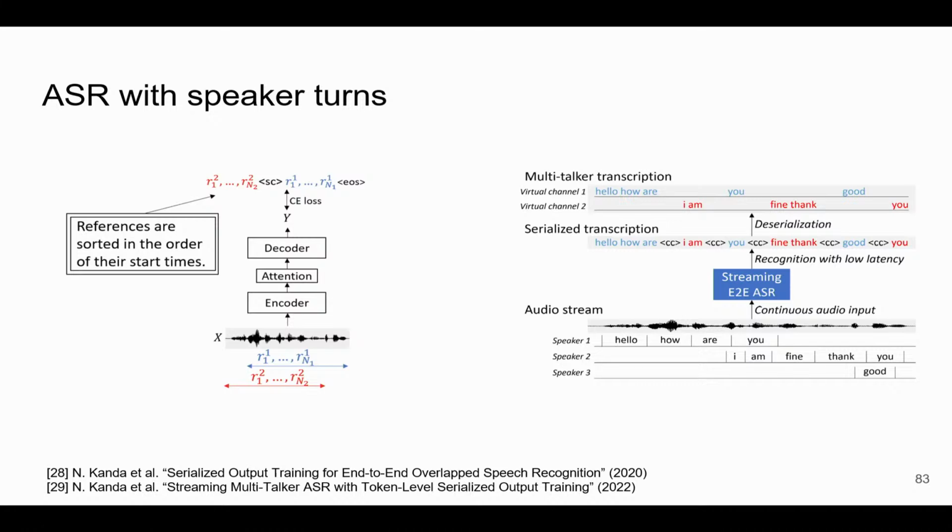If now I have different speakers, what they do is they include speaker change tokens in between, so that marks that the turn of the speaker finished and the turn of the other speaker starts. And they train the model to output not only the ASR tokens, but also these speaker change tokens, so that when you run inference, it doesn't have to be streaming. They also worked on doing it streaming, but batch will be the same.